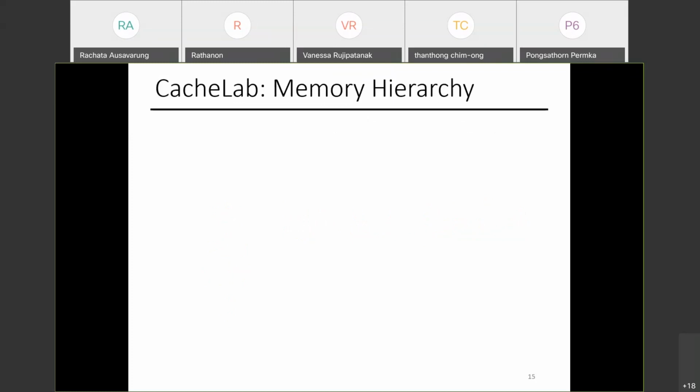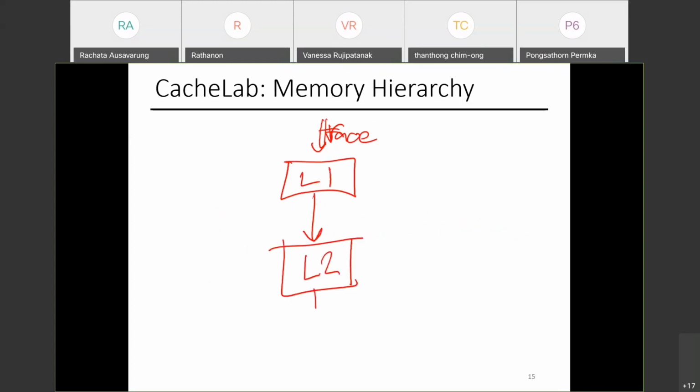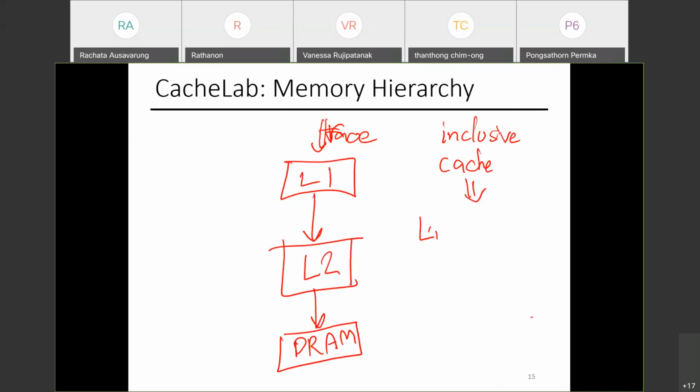Here's the assumed hierarchy. You have the trace coming in, and then you have L1 and then L2, and then DRAM. And over here, I assume this thing called an inclusive cache, which means that L1 is a subset of L2.